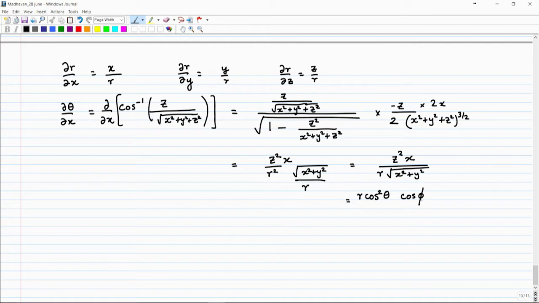So, I will have r cos square theta cos phi. Similarly, all derivatives can be calculated.